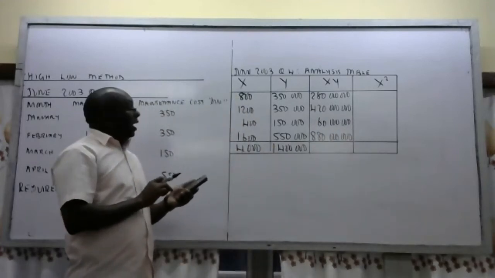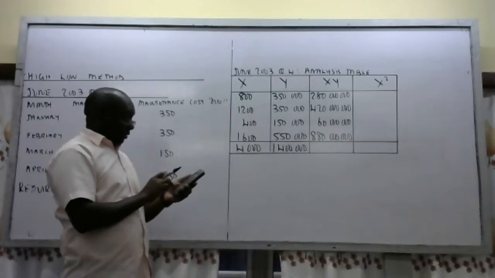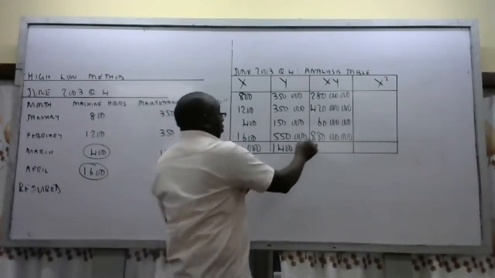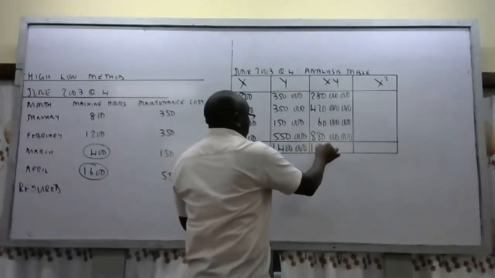So 880 plus 60 plus 420 plus 280 is 1,640,000,000.